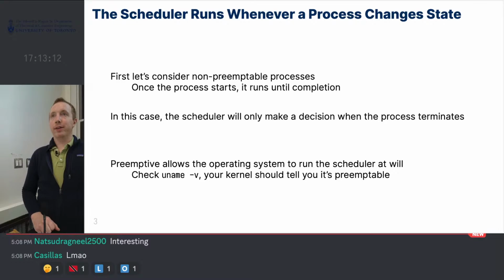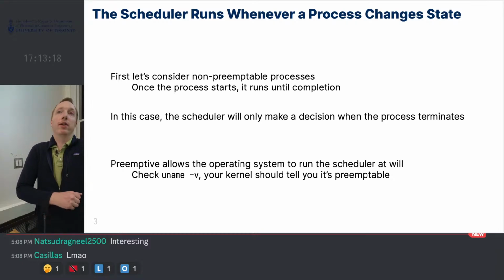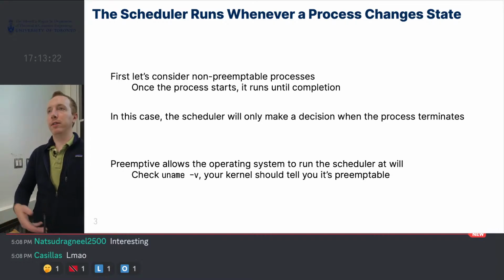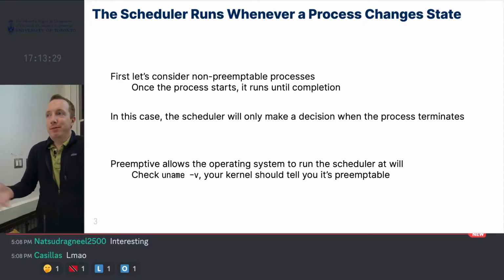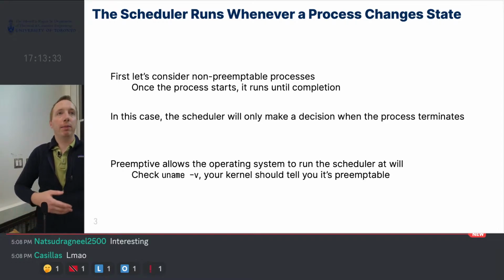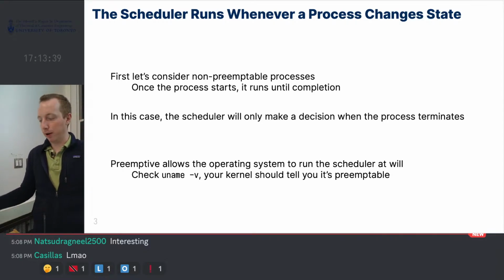So we can start this super simple. The scheduler will run whenever a process changes state, so we can first consider non-preemptible processes. A process just runs until it is done, like in uniprogramming systems. The scheduler only makes decisions whenever a process terminates, exits, and then it has to pick another process to run.